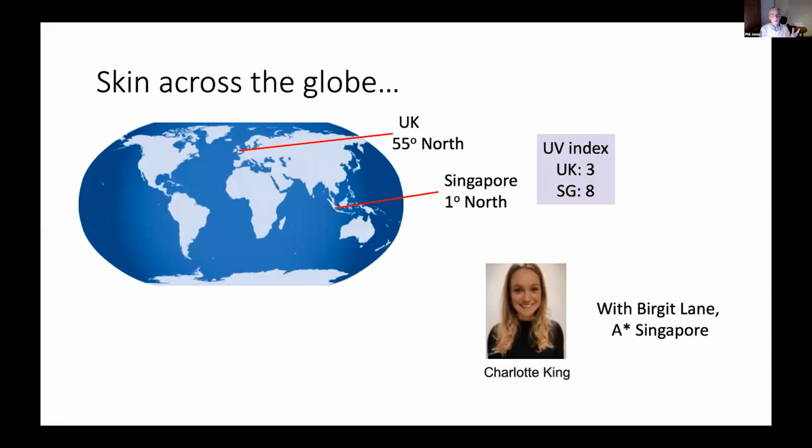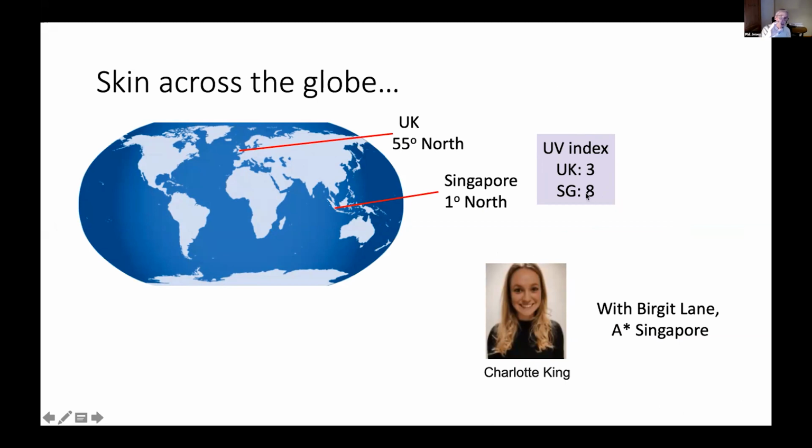So then we looked across the globe, and we did this comparing the UK with Singapore, and this was done with Birgit Lane in Singapore, and this is work from Charlotte King. The UV index, how much UV gets to the surface of the Earth, is much higher in Singapore.